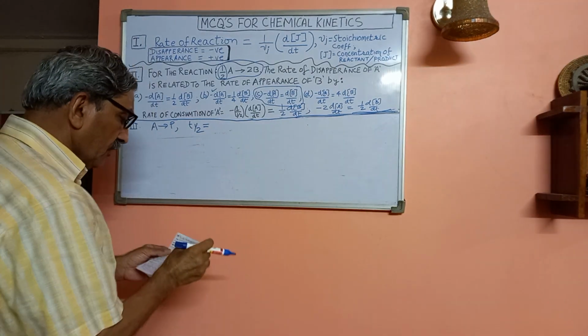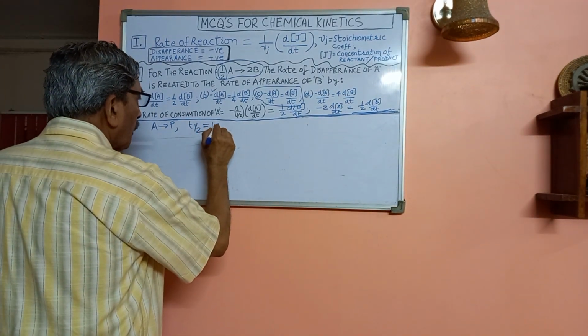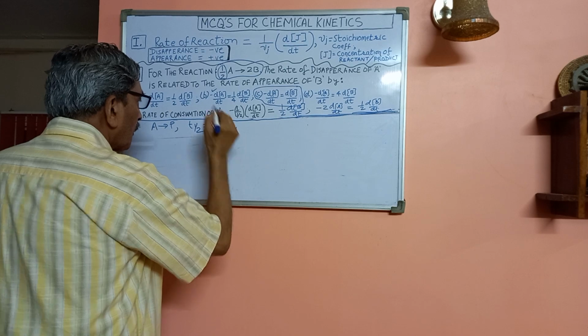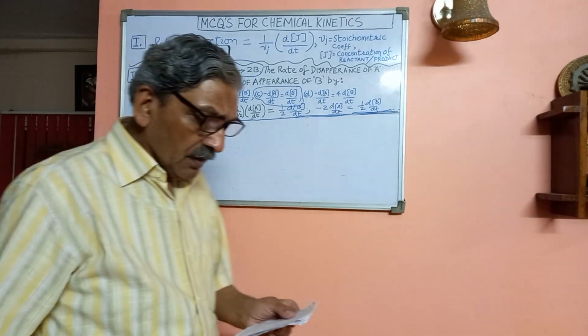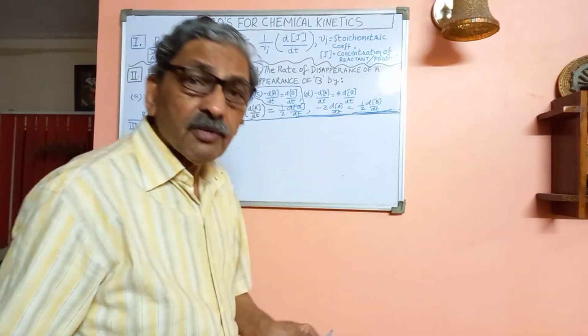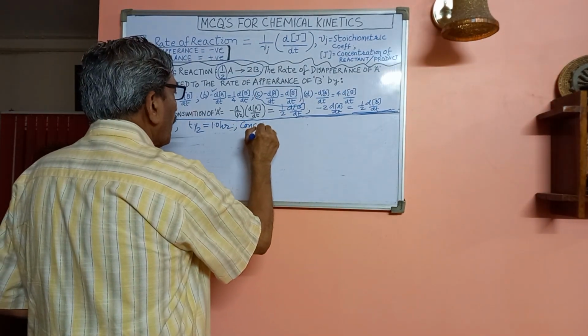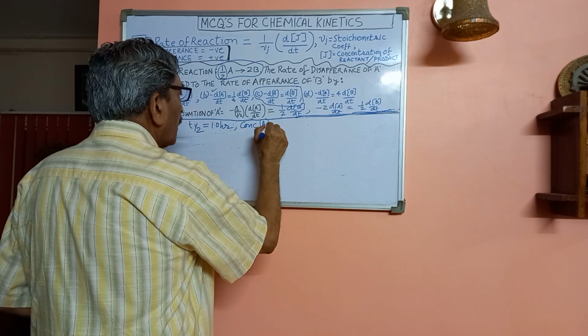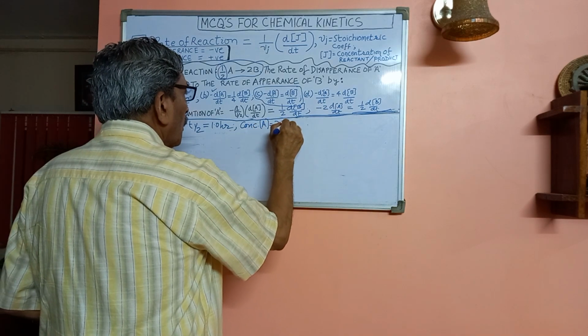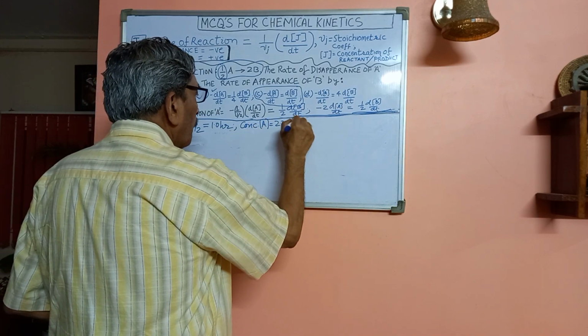It is 1 hour. So this is 1.0 hour. And we have been given the initial concentration of A. The initial concentration of A is 2.0 moles per liter.